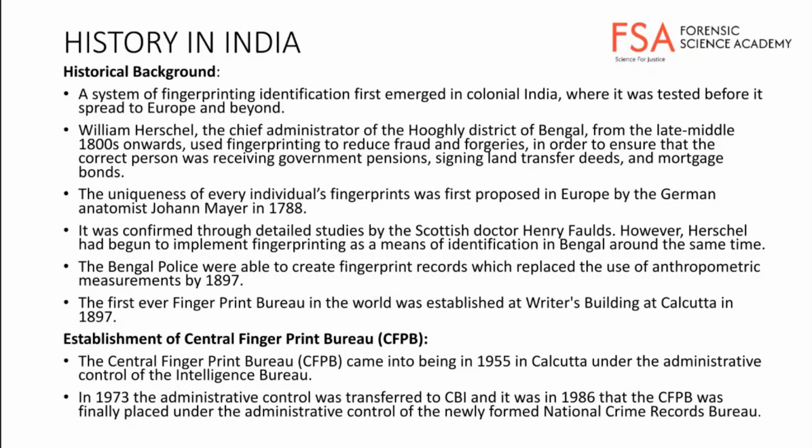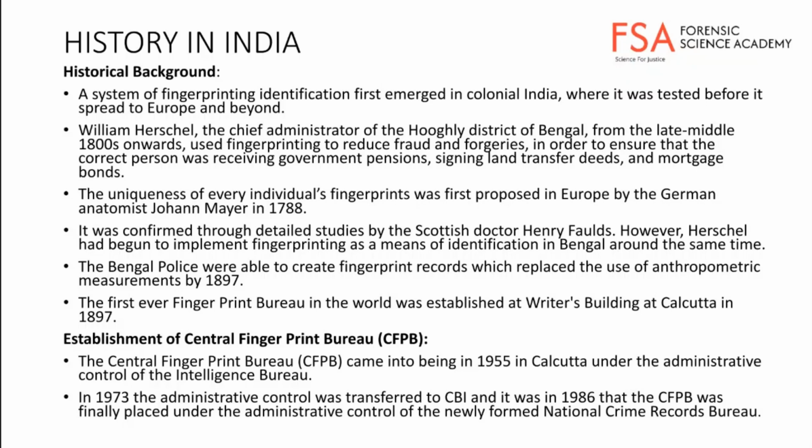In order to ensure that the correct person was receiving government pensions, signing land transfer deeds, and mortgage bonds, the uniqueness of every individual's fingerprints was first proposed in Europe by the German anatomist John Mayer in the year 1788. It was confirmed through detailed studies by the Scottish doctor Henry Faulds. However, Herschel had begun to implement fingerprinting as a means of identification in Bengal around the same time.